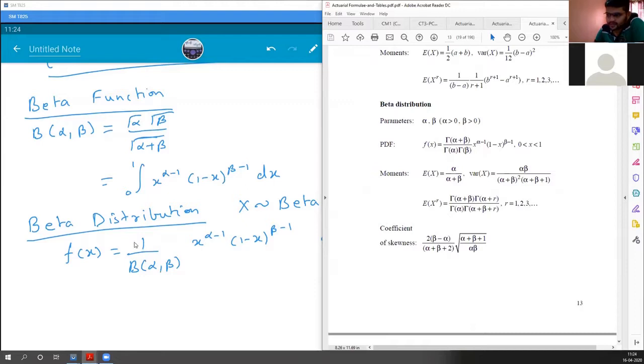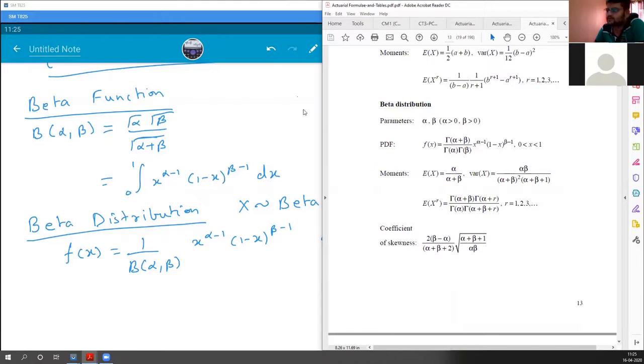So you can remember that our f of x is 1 by beta alpha comma beta, and you can check this here and you get this relationship, the beta function relationship. And you can remember that this part of our PDF, x raised to alpha minus 1, 1 minus x raised to beta minus 1, is this integral, and the limits of the integral are nothing but 0 comma 1.